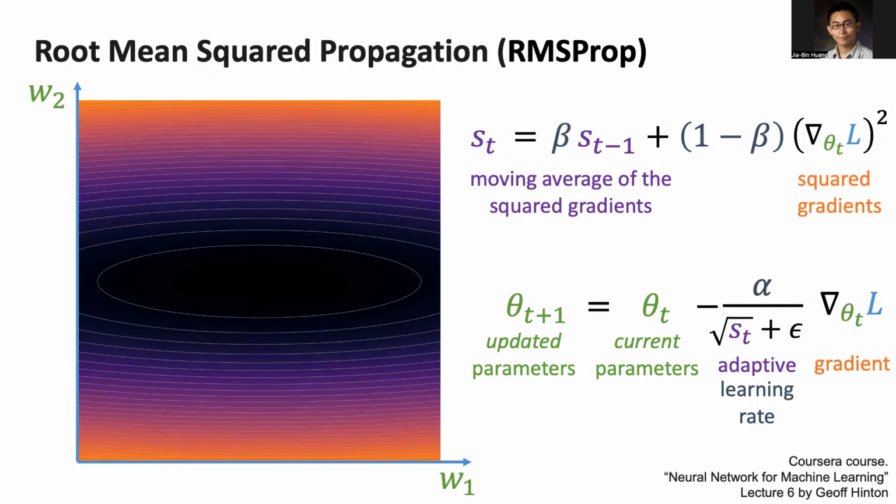And if for some dimension, for example the y direction, the gradient magnitude is very large, then I will divide by a large number, and I will have a smaller learning rate. Okay, so you can think about this as a way to normalize the learning rate for each individual dimension. And this idea is called RMSprop.